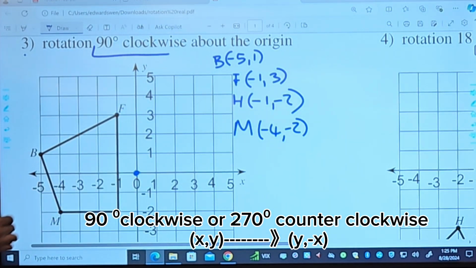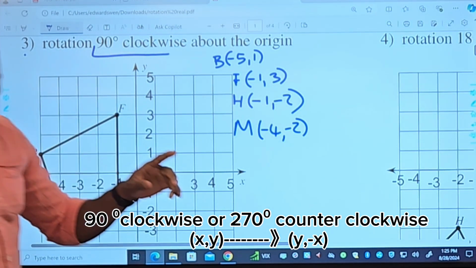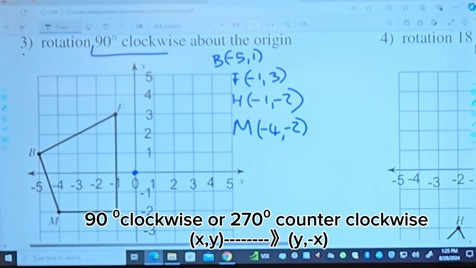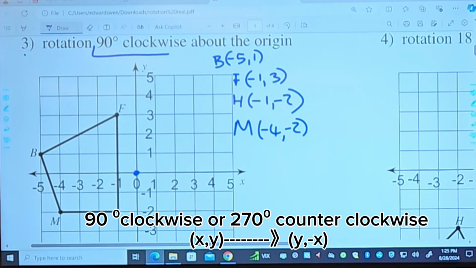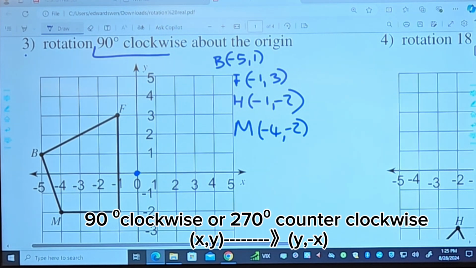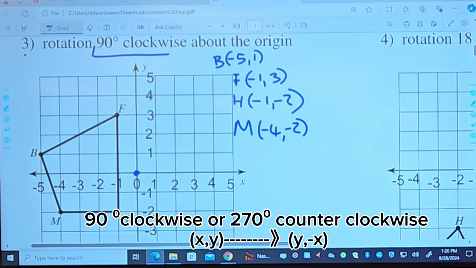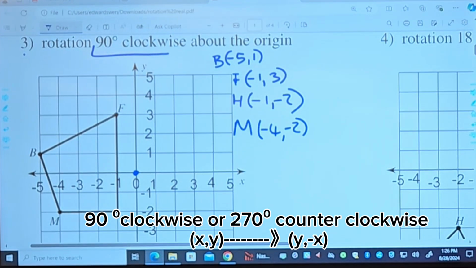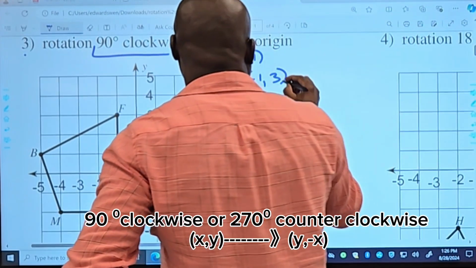Now remember this is giving us the clue. For every 90 degrees you're gonna flip the coordinates. And then you change the one that lands at the back this time. So you see it's different. For the other direction, you change the one that comes to the front. But for this direction, you change the one that goes at the back. That's all. Just the one that goes at the back.